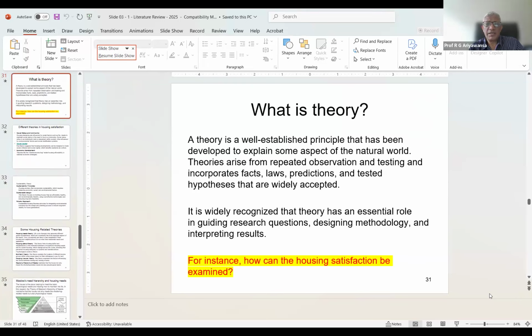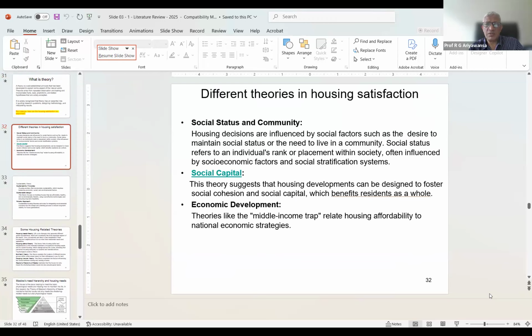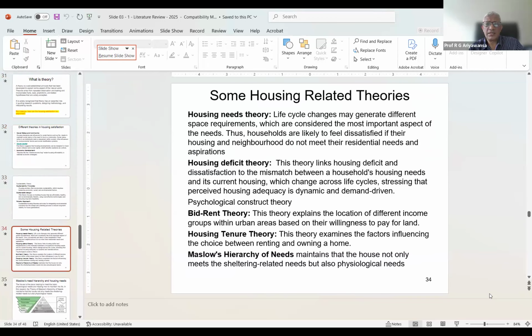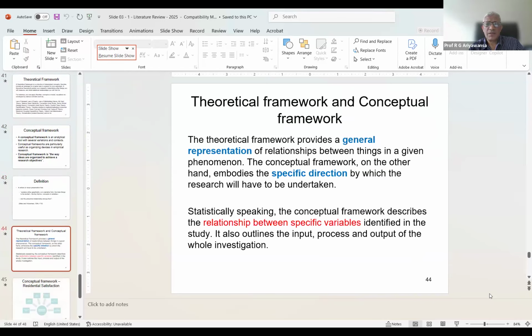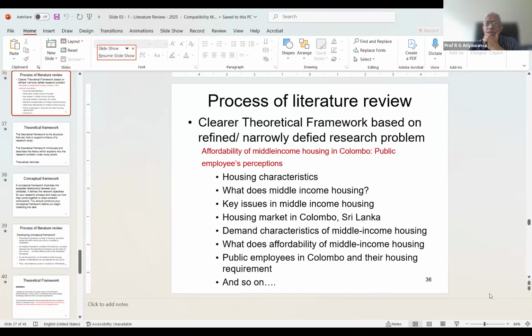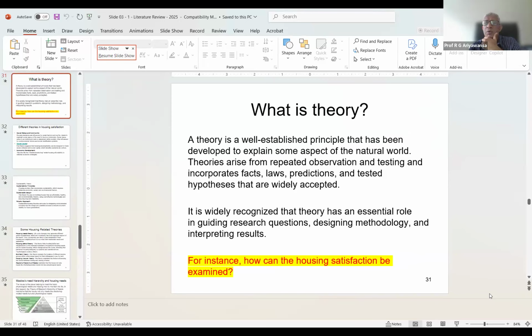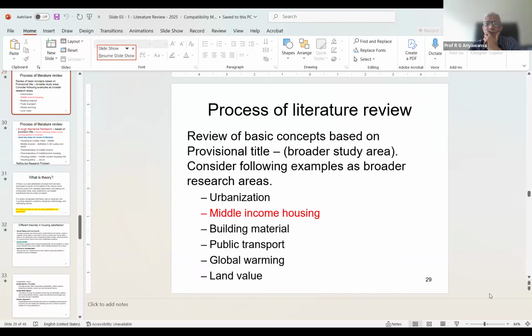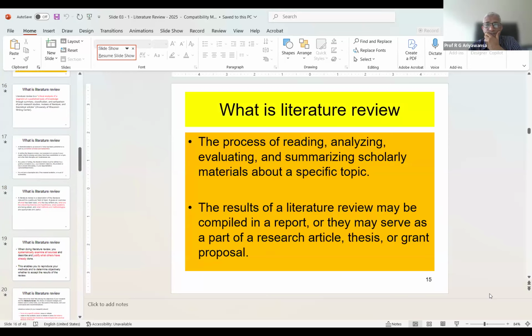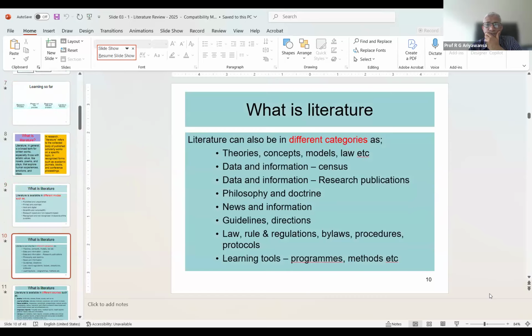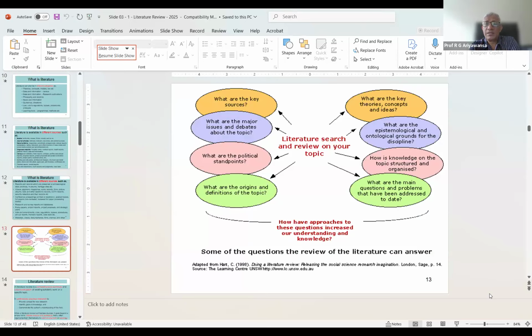Next time, I'm going to discuss with you theories, models, etc. that help you to understand more about your research problem. If you don't have a question or any ideas, I will stop. This is very important for you, and the metric that I showed you is very important.